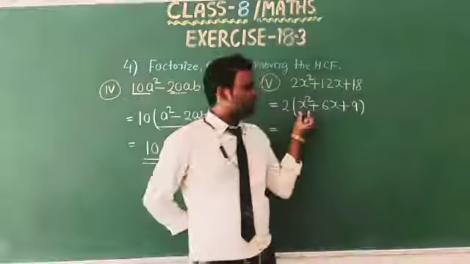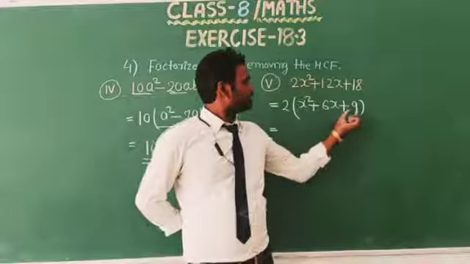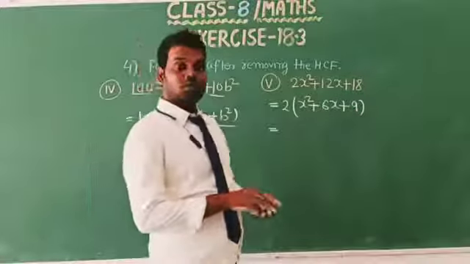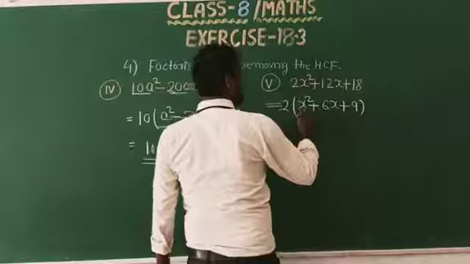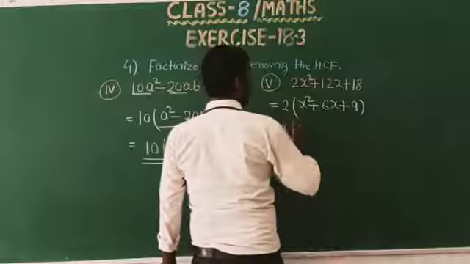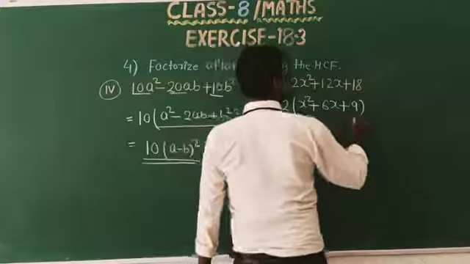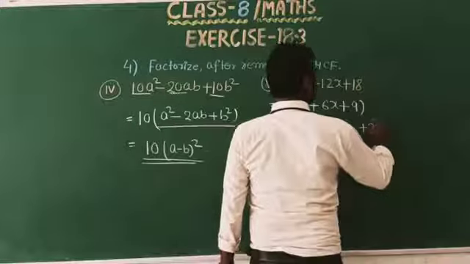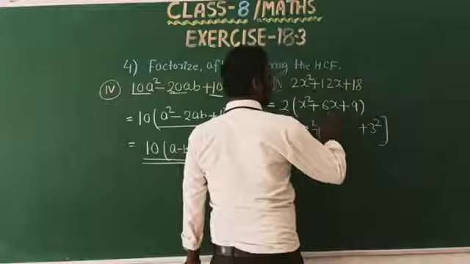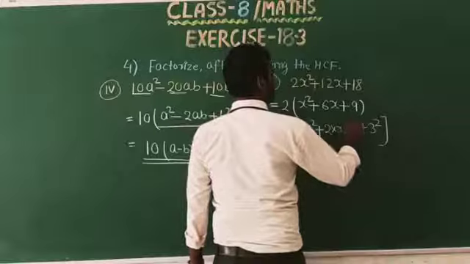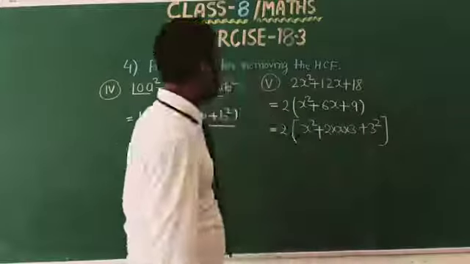Now here we see the first and third terms are perfect squares, so this is written as 2 into x square plus 3 square, and the middle term can be written as the product of 2 into x into 3.